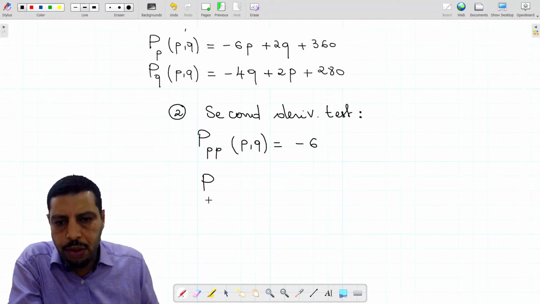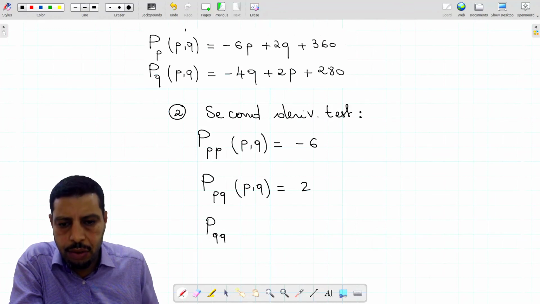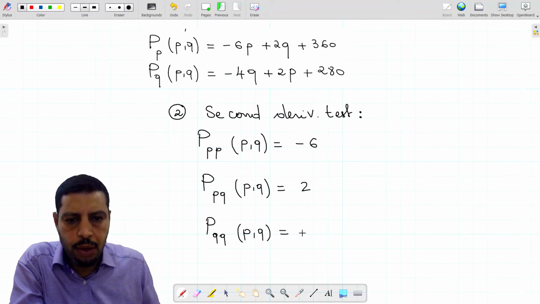We have also to compute P_pq(p,q), and here it's equal to 2. The third partial derivative is P_qq(p,q), which is equal to -4.